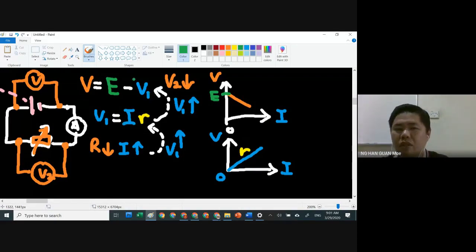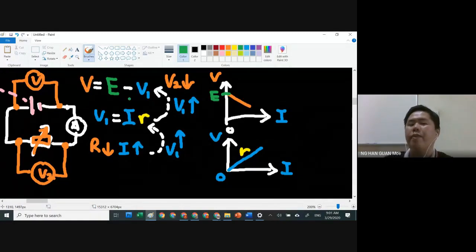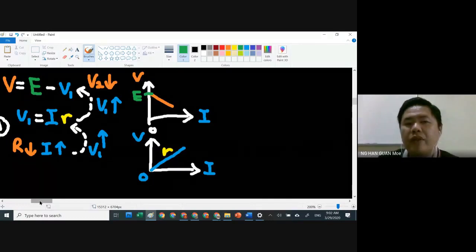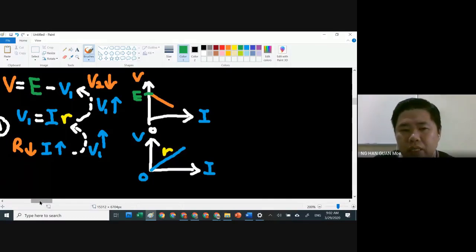When V1 equals 0, the orange V equals EMF. So there is a graph according to the EMF experiment result that we have. Y decreases linearly.